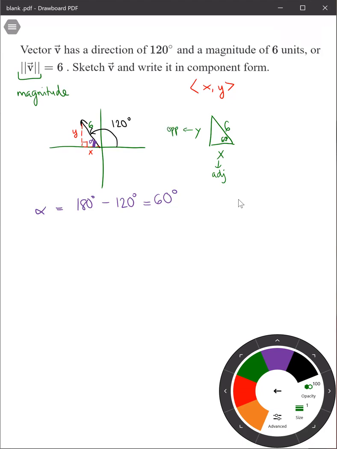In order to solve for x, I will use the adjacent side with the hypotenuse. The trigonometry that involves adjacent and hypotenuse will be cosine. So yes, I appreciate those of you who gave me cosine, because it's adjacent and hypotenuse.